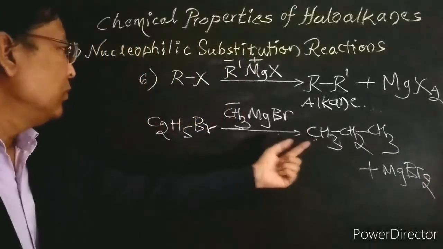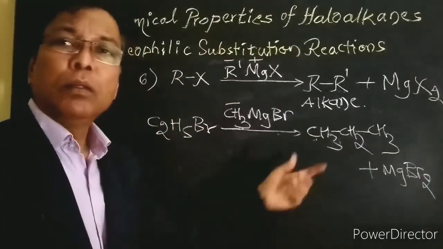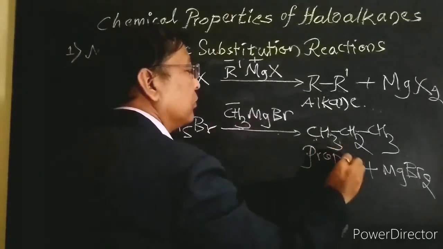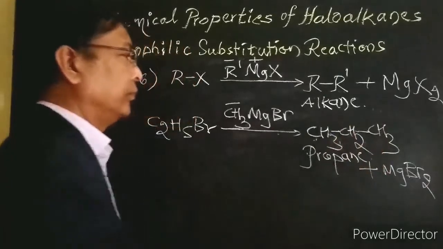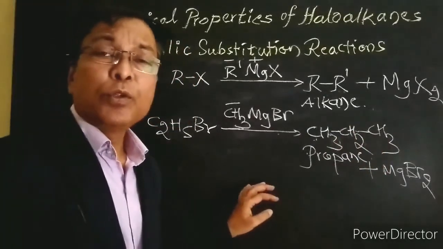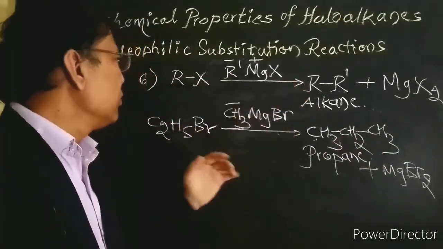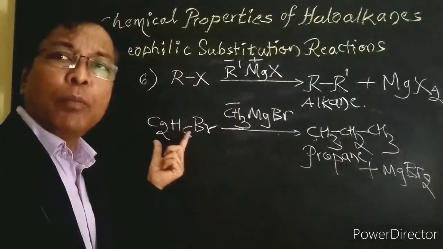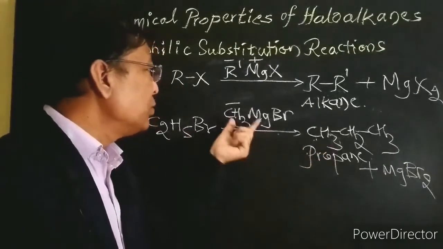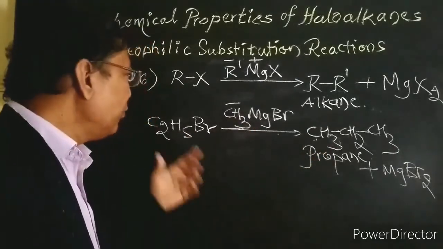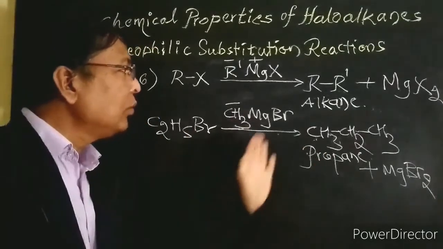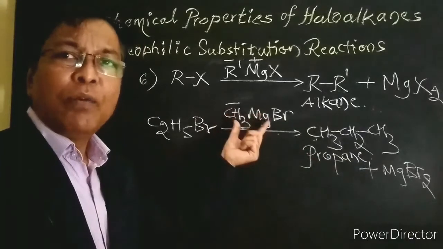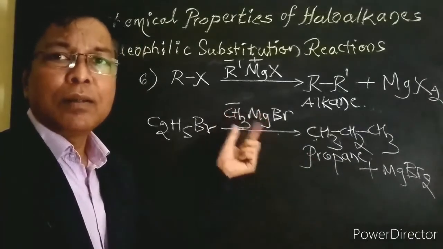That means this is nothing but propane. So if we want to prepare alkanes from alkyl halides, we have to use Grignard reagent. Ethyl bromide can be converted into propane by using methyl magnesium bromide. If we want to convert ethyl bromide into butane, we have to use ethyl magnesium bromide. According to requirement, we can use different Grignard reagents.